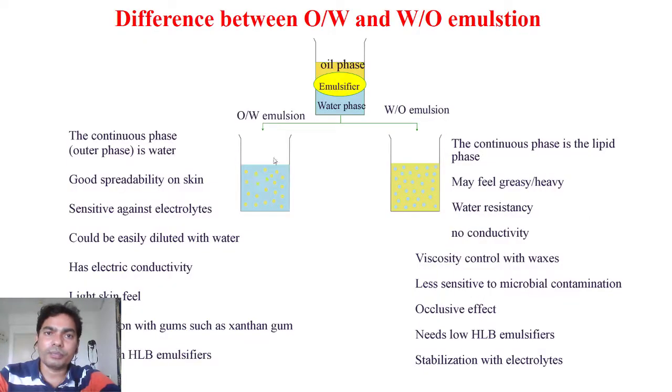So these are the two types. Difference between oil in water and water in oil emulsion, right? There is an emulsifier in between these two. So what is the benefit and what are the differences between these two? This one is oil in water, meaning oil content is higher, and here it is water in oil. The creams we use nowadays, earlier they were based on this, meaning less water, high oil, just like Boroplus.